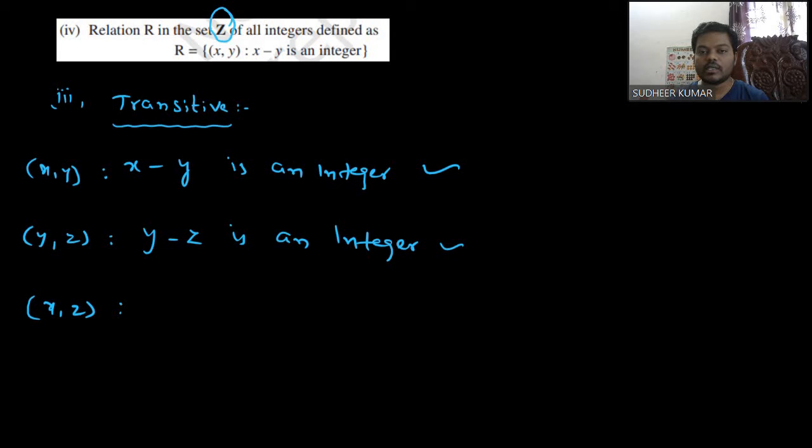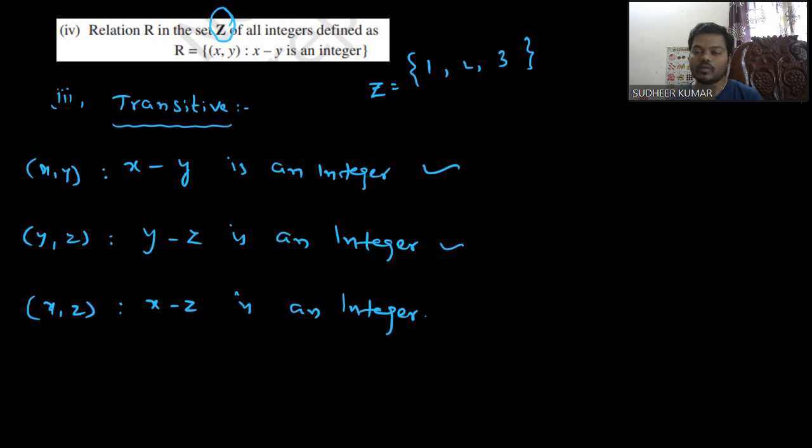As it is mentioned, these are integers, so x minus z is also an integer. Or if you want, you can take x, y, z values as 1, 2, 3, any integers, not only positive, but negative or 0 also. To understand, you can use the same values. Therefore, R is transitive.